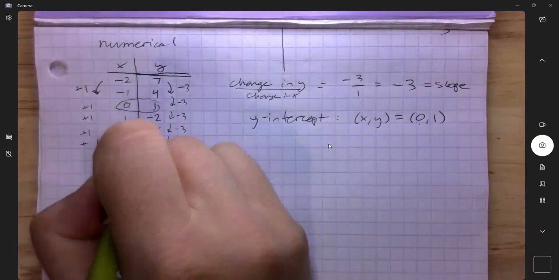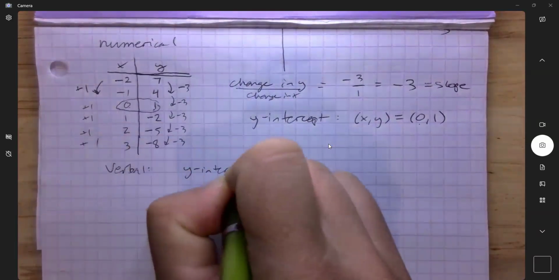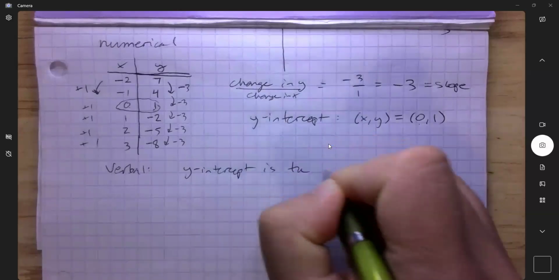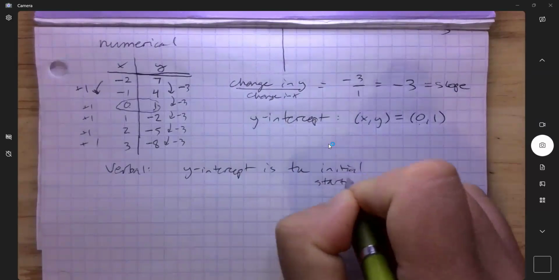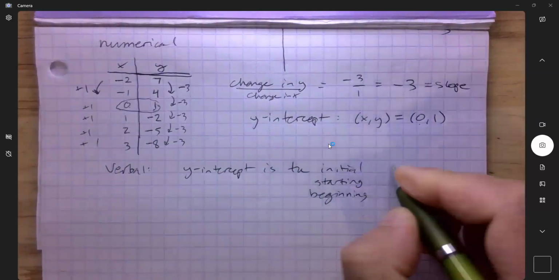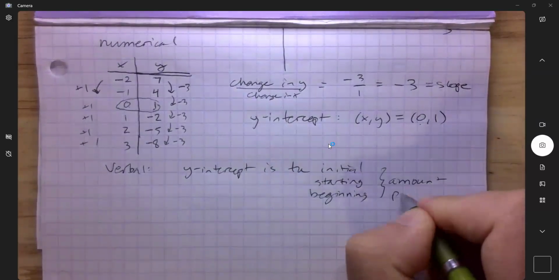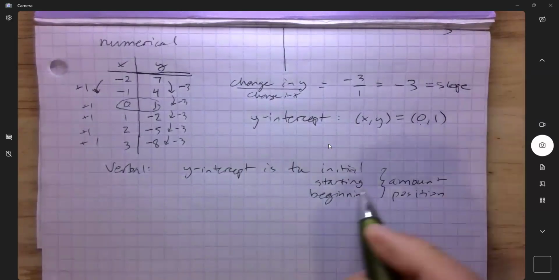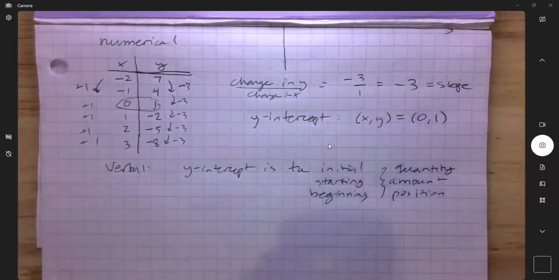And verbal, the y-intercept is the initial, also known as starting or beginning amount or position, right? It's the initial quantity, whatever that quantity describes.